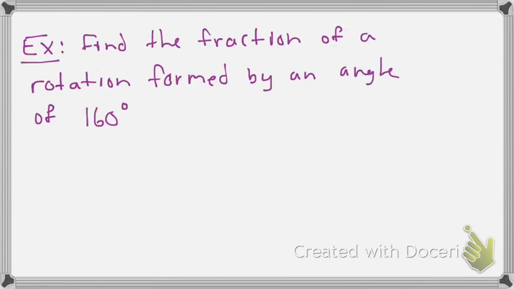Okay, what if this time, instead of giving you the fraction of the rotation and asking for the degree measure, I give you the degree measure of 160 degrees and I want to know what fraction of a complete rotation that is? Again, look at your formula: theta in degrees is the fraction of the rotation times the full rotation of 360 degrees.